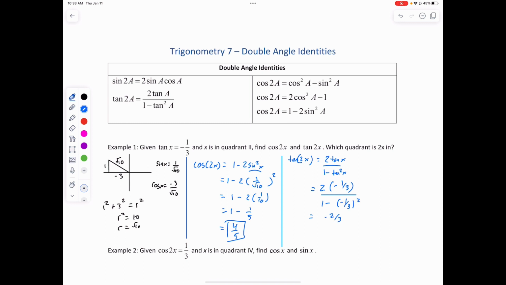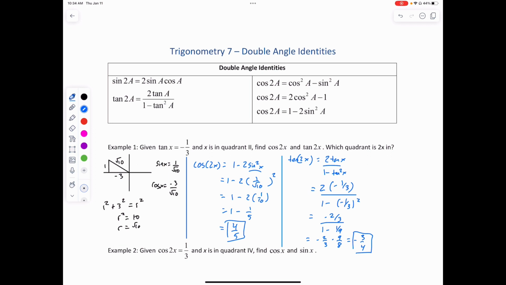Well, this is negative 2/3 over 1 minus 1/9. That's negative 2/3 divided by 8/9. So it's just the same thing as times 9 over 8. And I get negative 3/4 as my value for tangent of 2x.